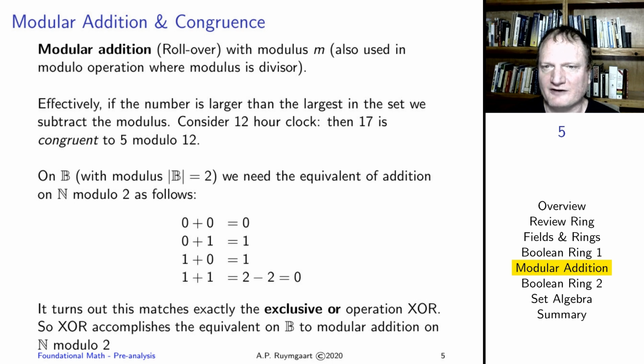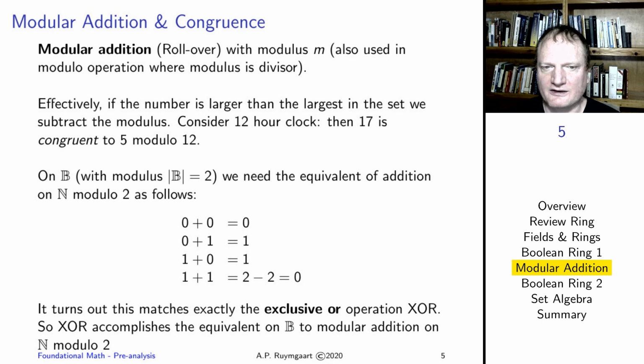So we subtract 12 from 17 and end up with the number 5. On the Boolean domain, we can define something equivalent to addition modulo 2 on natural or whole numbers. When we get to the number 2, we subtract 2 and end up with 0. That's our wraparound. Our modulus would be 2.